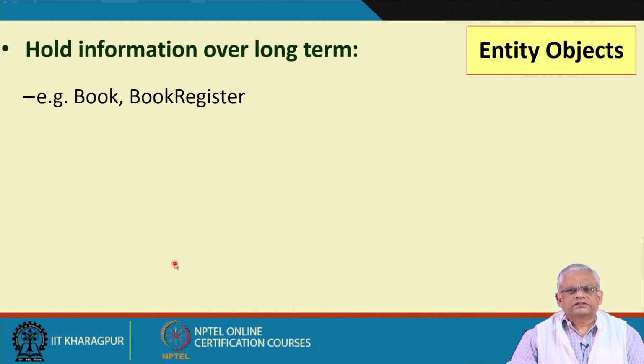The entity objects are the crucial part of any domain modeling. The entity objects hold information for a long time. Once a book is created, it remains for quite some time until the book is damaged, destroyed and written off.